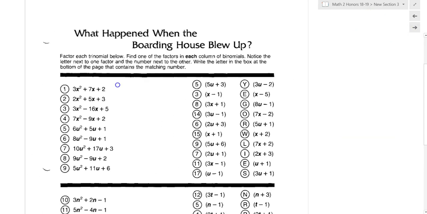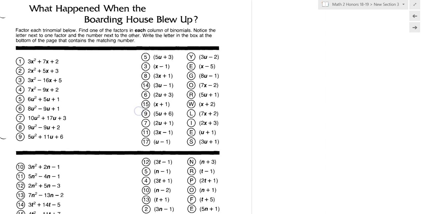All right, looking at page 91, this is very similar to what we were doing. However, we are now doing ones that have a coefficient in front. It's not just 1 anymore. So let's look at number 1.